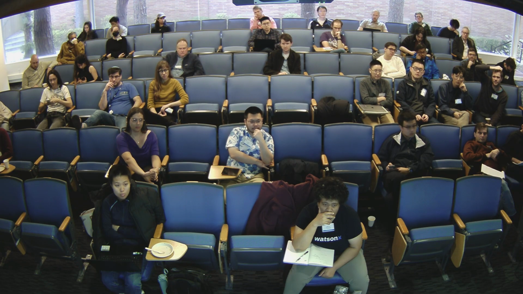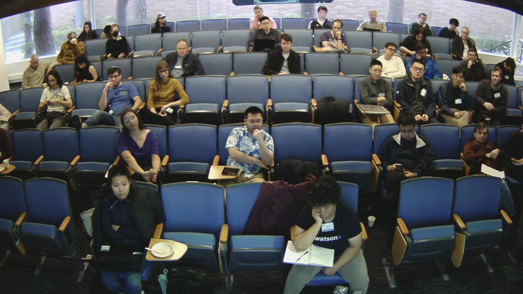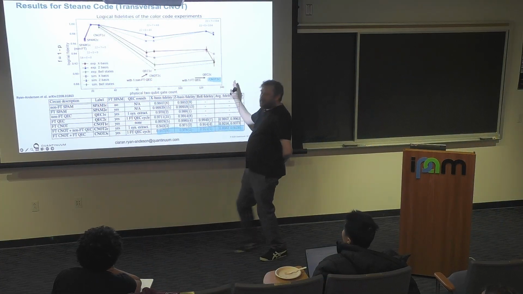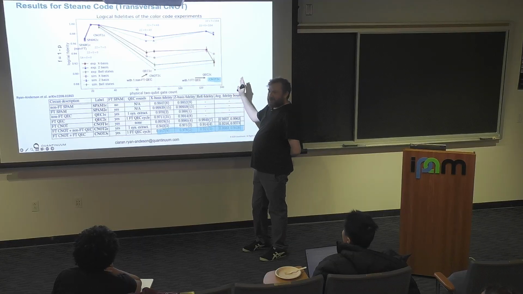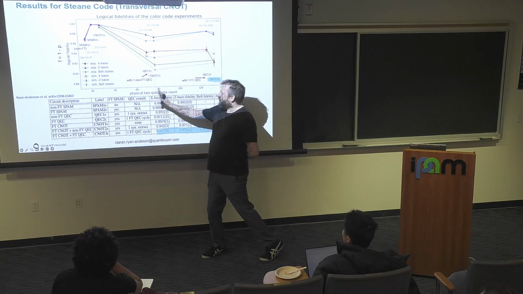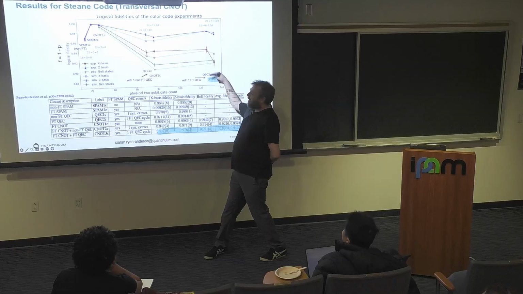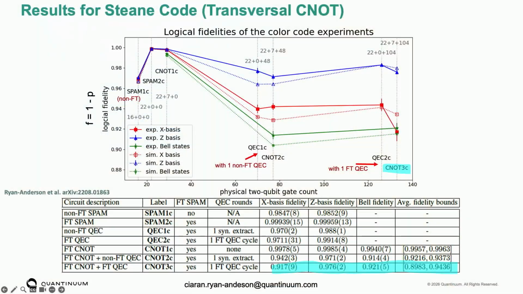Sorry, I think I'm having trouble parsing these plots. Could you just say maybe what the horizontal axis corresponds to and what the takeaway is? So this is a series of experiments that maybe shouldn't be shown in the same plot, but it gives you an impression of, okay, with more complexity, how many physical gates does it take, and what is the fidelity of those different experiments?